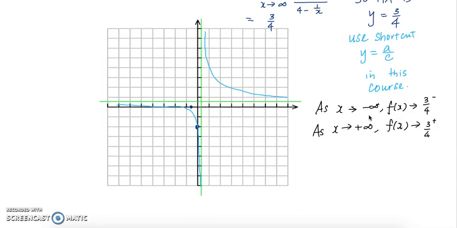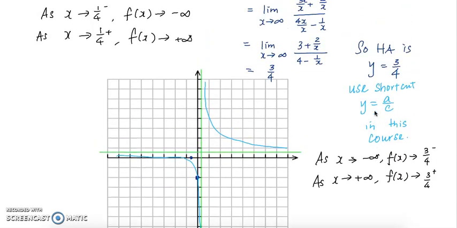As x approaches negative infinity, you can use a test point again. Plug in, let's say, negative 1000 into f of x. You should notice that the number will be smaller than 3/4. So the function approaches the horizontal asymptote from below as x approaches negative infinity.